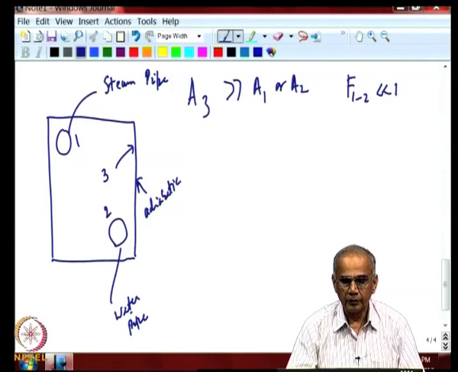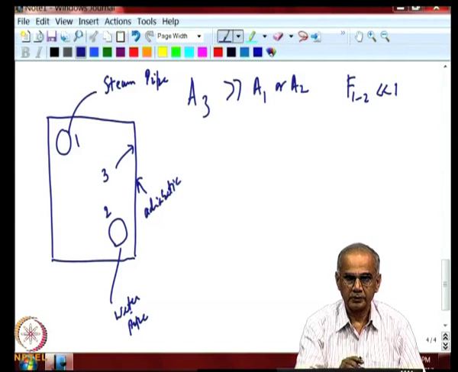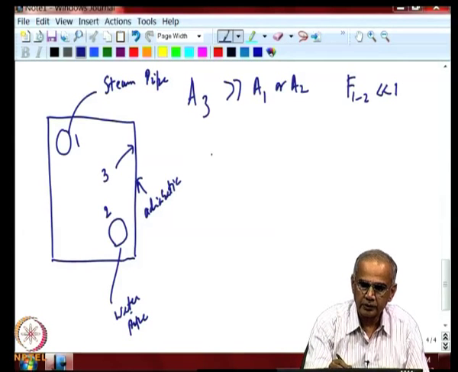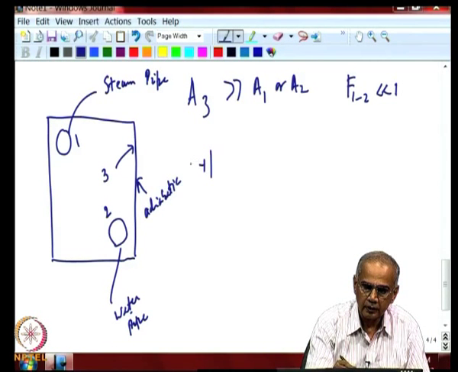So, from the previous exercise you have done, you will get a very simple electrical circuit.